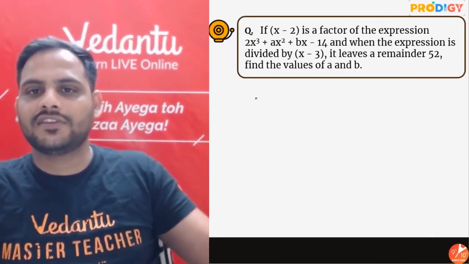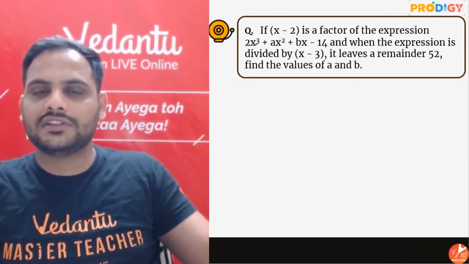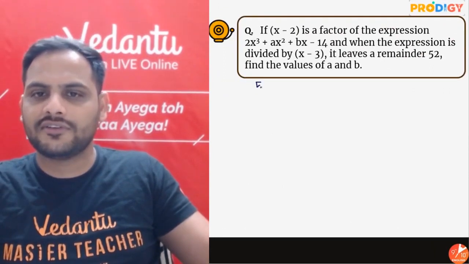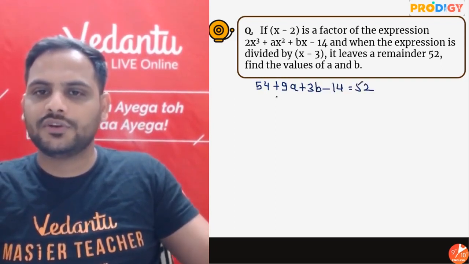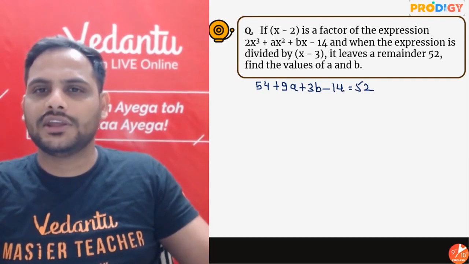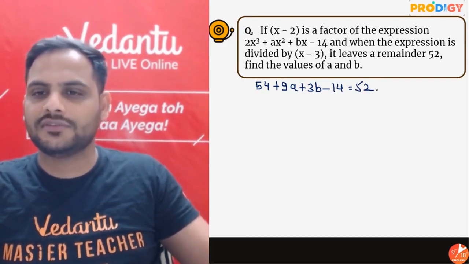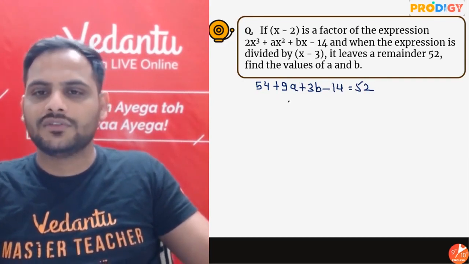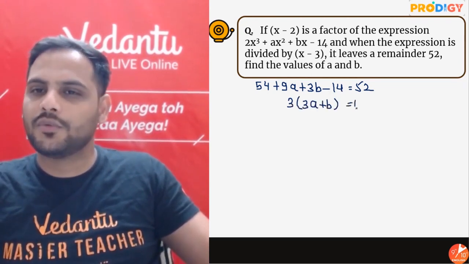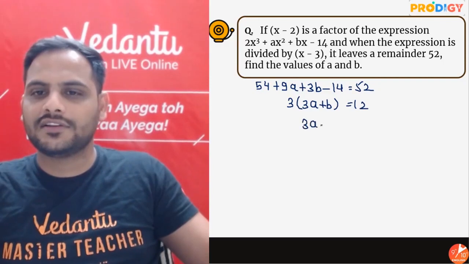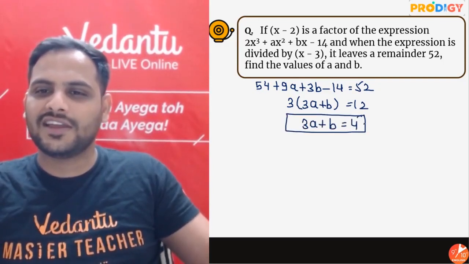Let's find it out. At x equal to 3, 3 cube is 27, 27 twos are 54. 3 square is 9, plus 9a plus 3b minus 14 is equal to 52. 54 minus 14 is equal to 40. Shift 40 over there, you'll get 12. Here take 3 common. 3a plus b is equal to 12 by 3, which is 4. This is my second equation.